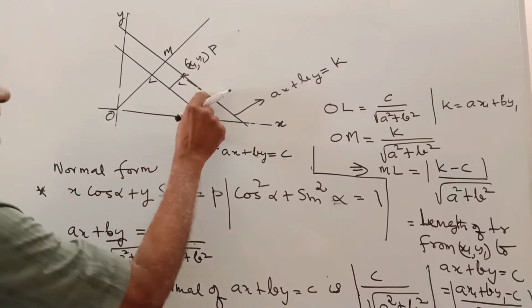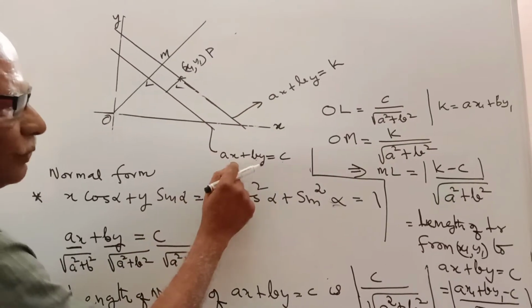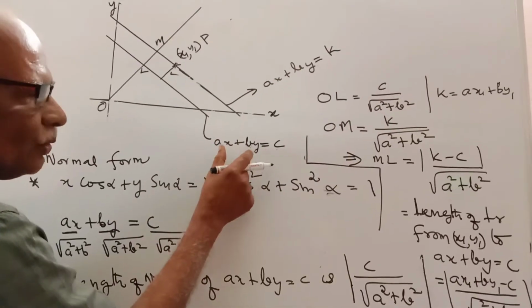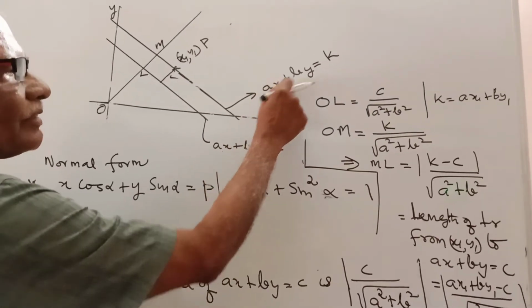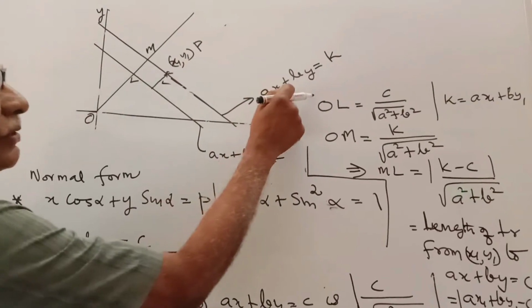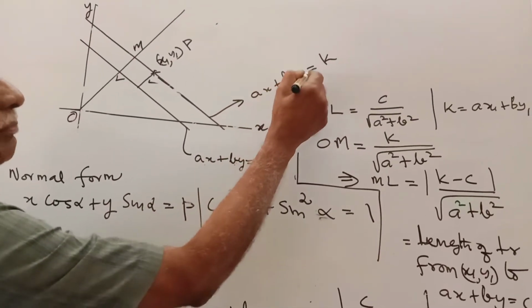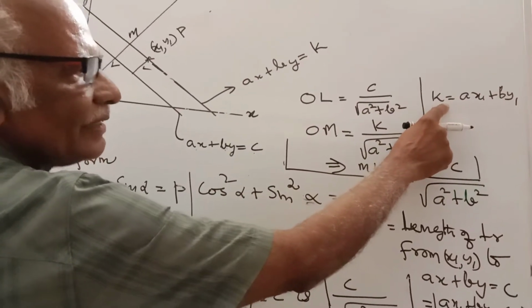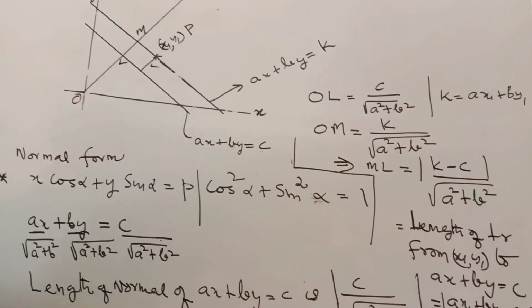So the equation of this line, being parallel to ax plus by equals c, we change the constant. There is no change here. So ax plus by equals k. Now it passes through x1, y1, so you get ax1 plus by1 is k. That is this result. K value is ax1 plus by1.